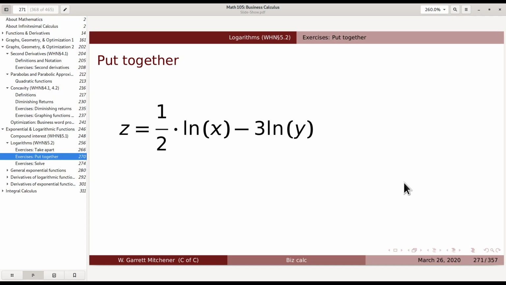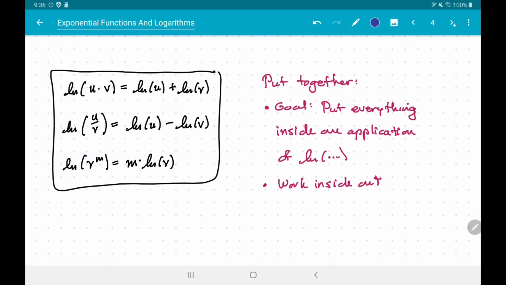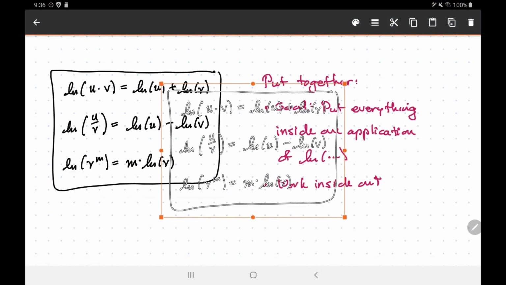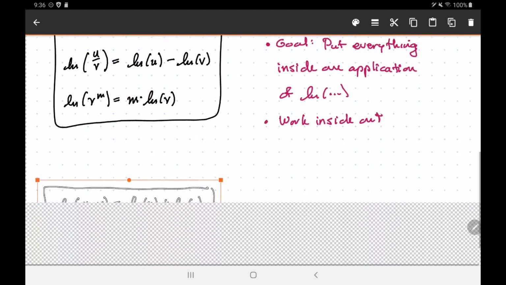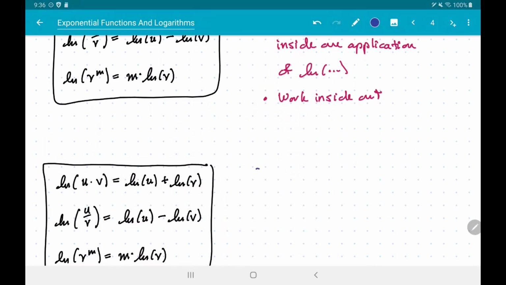Let me get back to my tablet here. I'm going to copy this down for reference. Our example is z equals 1/2 ln of x minus 3 times ln of y.